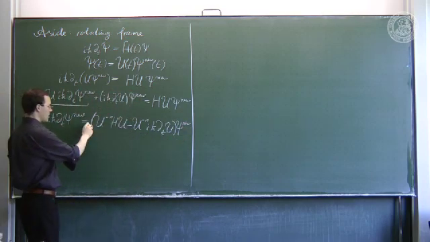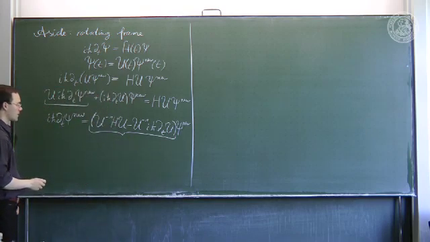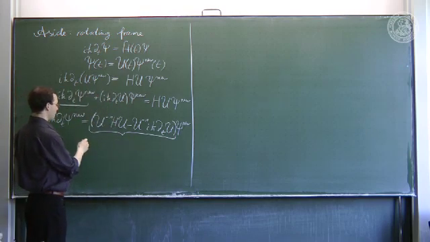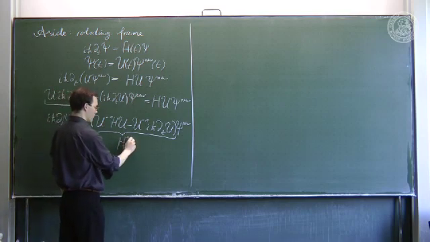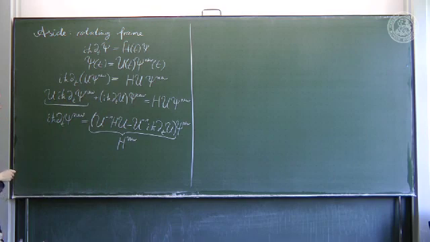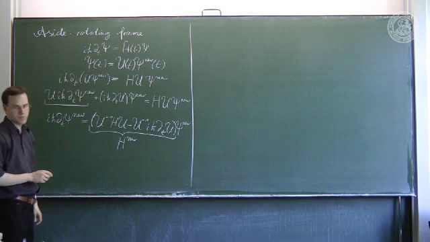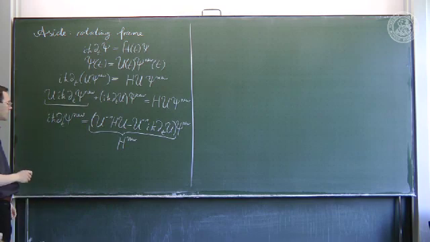So what I end up with is the result you may know from your quantum mechanics lectures, that the new Hamiltonian is the unitary transformation of the old Hamiltonian plus this extra term that comes from having a time-dependent unitary transformation.